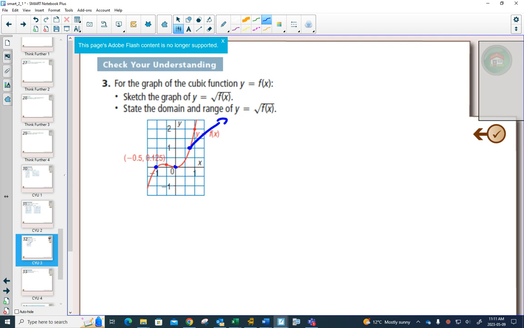Between 0 and 1, the blue graph is above the red graph. So all you need to show is that your blue graph is above your red graph when the y values are between 0 and 1, and that your blue graph is below your red graph when your y values are bigger than 1. Okay?